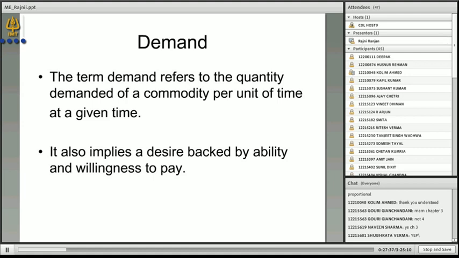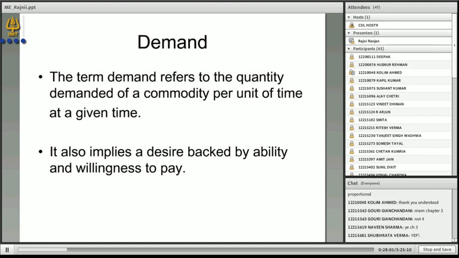Of course, all of us are involved in so many purchases in day-to-day lives. Even we buy some consumer durables like TVs, ACs and all. So more or less we have all been involved in some purchase processes. So keep yourself in the shoes of a consumer throughout when I'm discussing this particular chapter, that is demand.